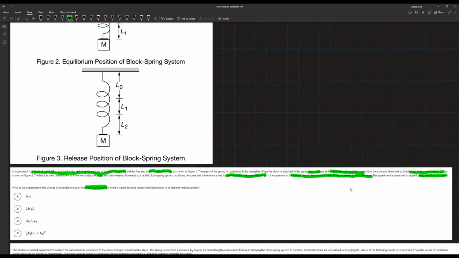So if you notice here, they do not mention the Earth. Do not worry about gravitational potential energy as it travels from its lowest position to its highest vertical position. So let's go ahead and see here. When it is at the lowest vertical position, we have stretched the spring a total displacement to the bottom of L1 plus L2.